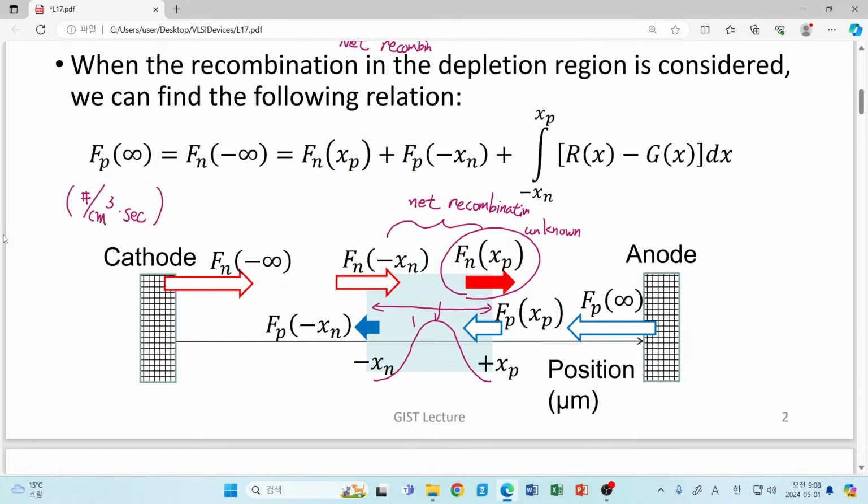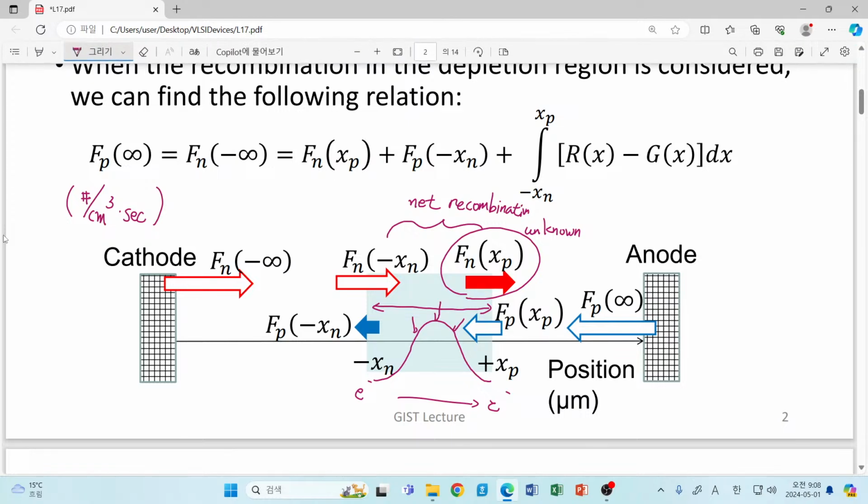At these points, the recombination can be relatively low. To quantify the total number of carriers recombined during the journey of our electrons from here to here, it should be integrated.